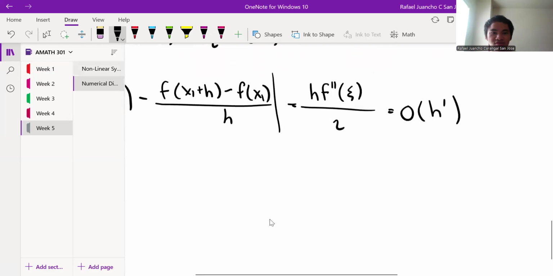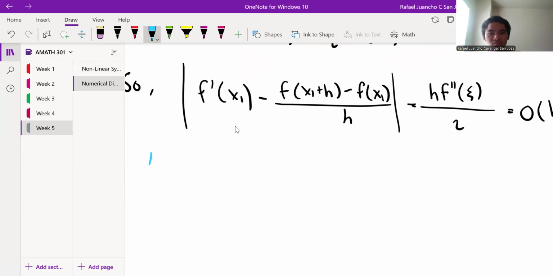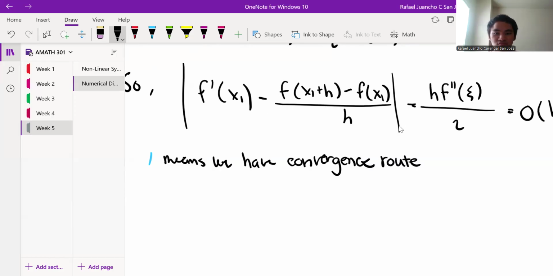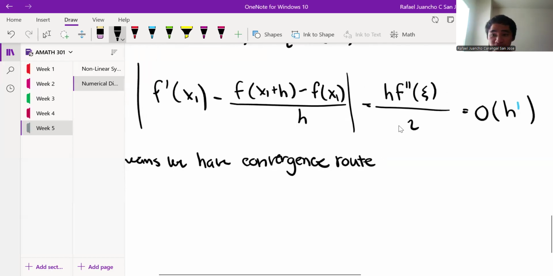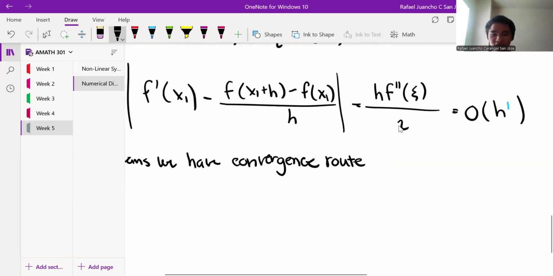So this means we have convergence rate. What this means is I think this will converge to some value as we keep on doing a Taylor approximation.